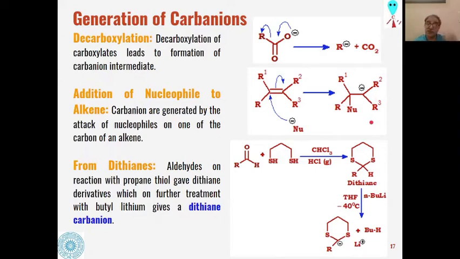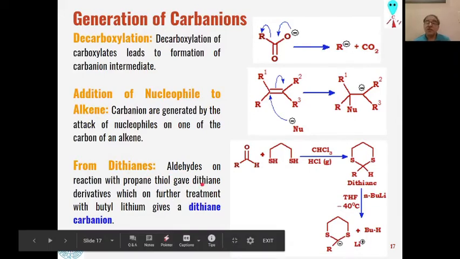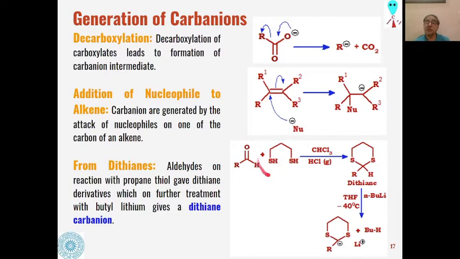Then from dithianes, also we can produce carbanions, and these dithianes can be produced from 1,3-propane dithiols.